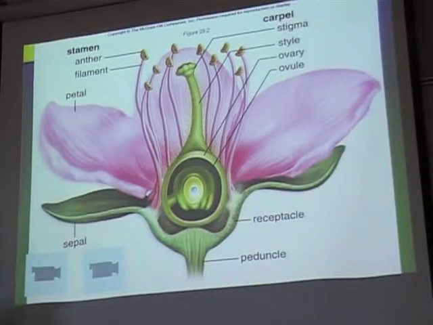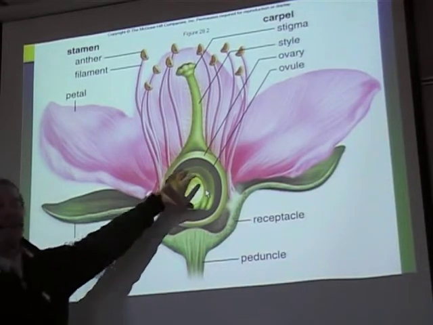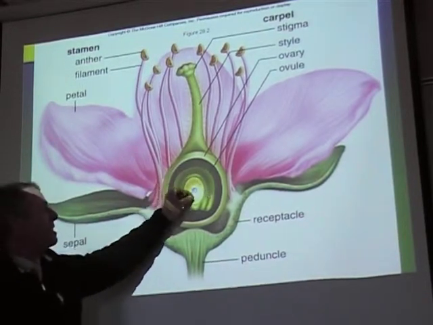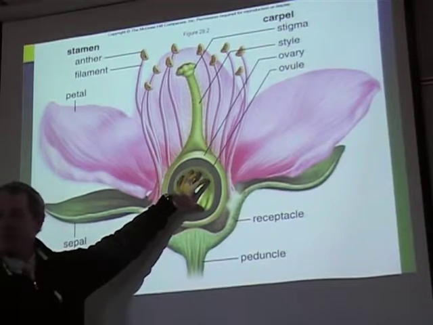See? I got you. You get it? Yeah. And then the style is this part here that holds up the stigma. And the ovary is this part right here. And inside the ovary are what's called ovules. Ovules are egg-containing structures. The egg is inside the ovule.